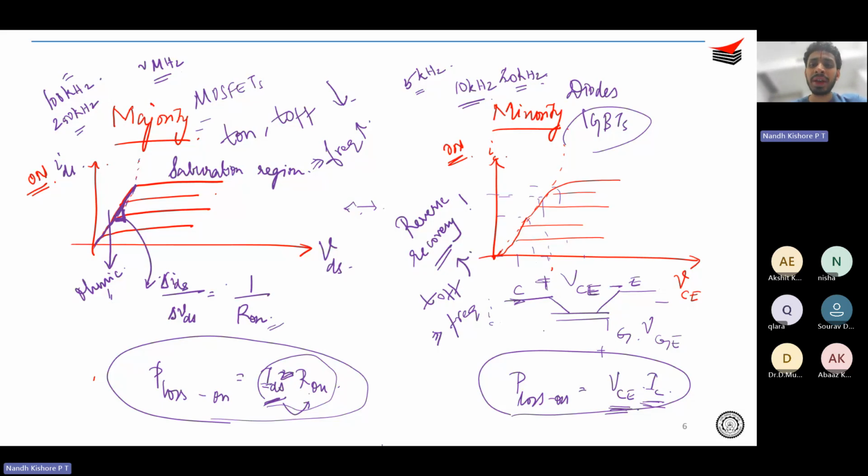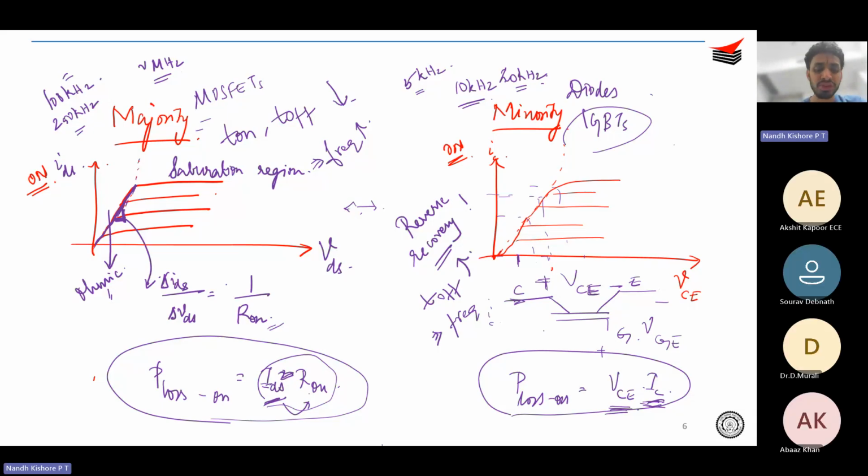Okay. Whereas in minority devices such as diodes or IGBTs, there is always going to be a fixed loss. Okay. So fixed loss VCE. So your power loss will be essentially VCE multiplied by the collector current, that is IC. Okay. So since it is not a square relationship, you can go for higher and higher power. Okay.